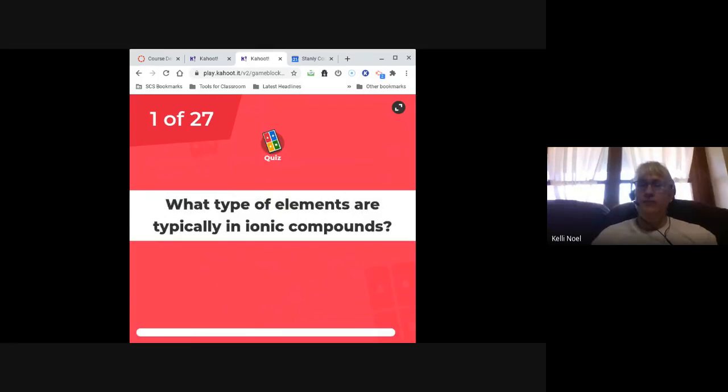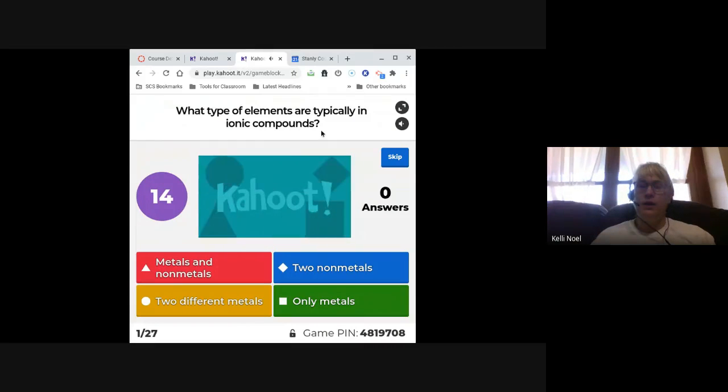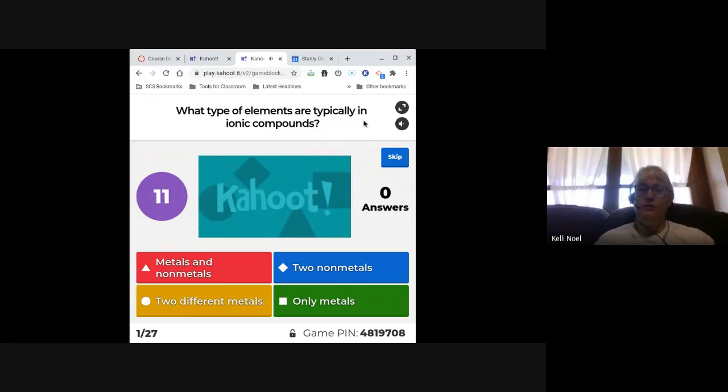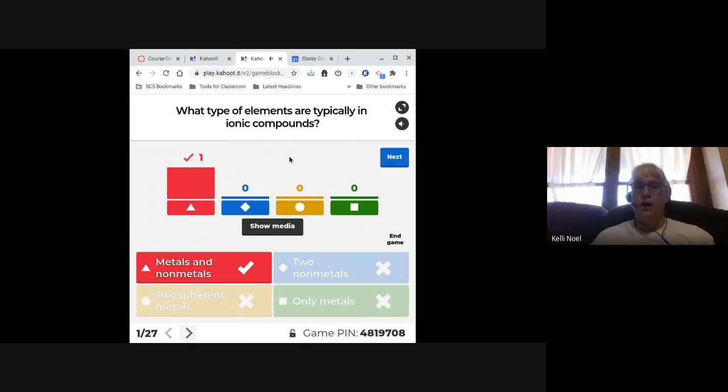All right, what type of elements are typically in ionic compounds? What are ionic compounds made up of? Ionic compounds will always be made up of a metal and a non-metal.